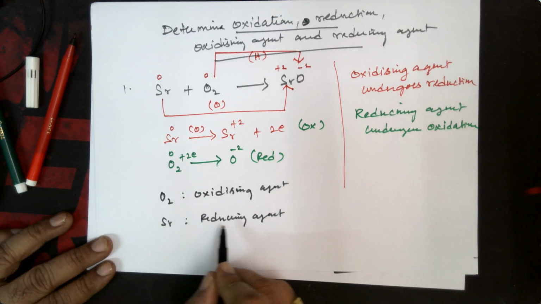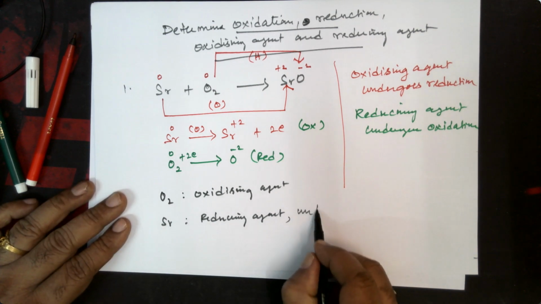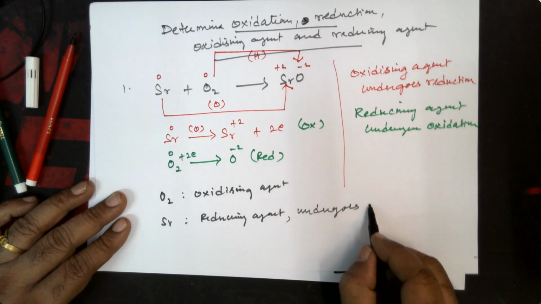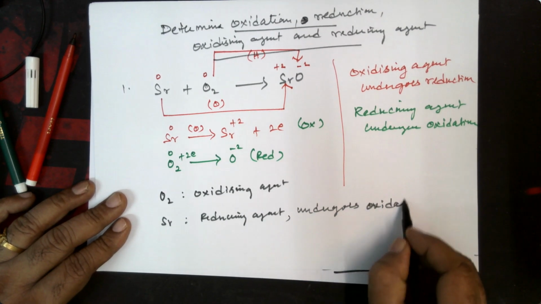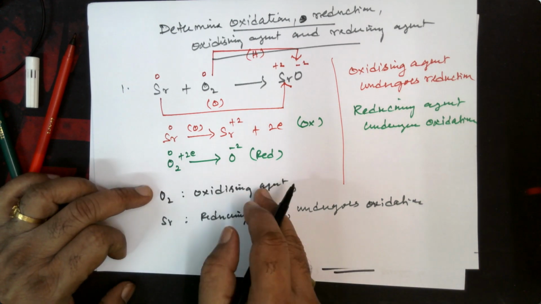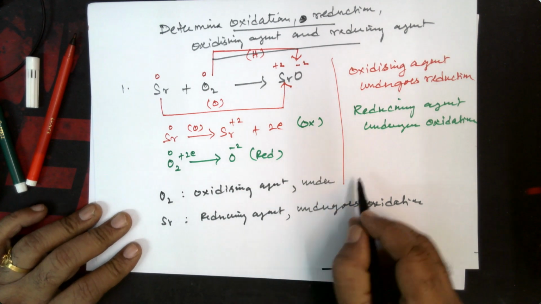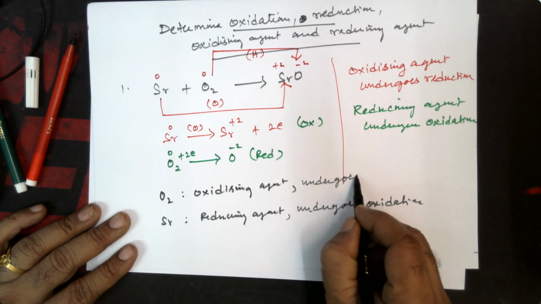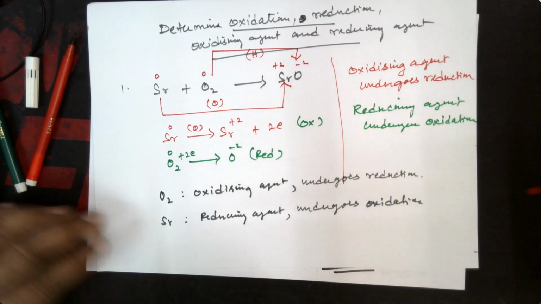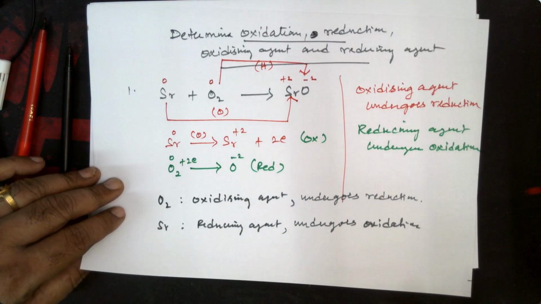So Sr is a reducing agent that undergoes oxidation. Is it clear? And what about this? Oxygen being oxidizing agent that undergoes reduction because of loss of oxygen. Got this point?